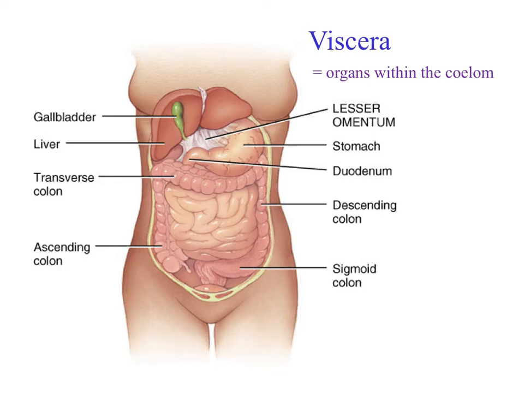So before we go on, I want to talk a little bit about why have a coelom at all? What are the advantages to having a coelom? Because it turns out not all animals have them. And one huge advantage is that it allows your viscera to grow and to move relative to one another. So when you consider an image like this one of the digestive tract, imagine, of course, that not everything just stays static in place.